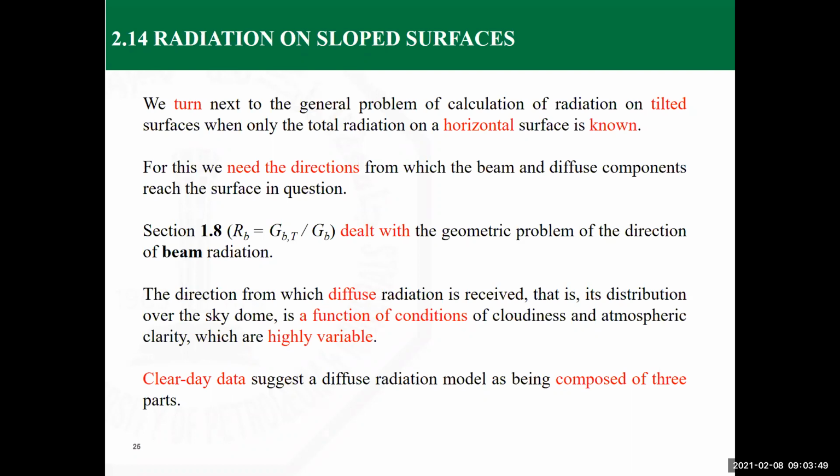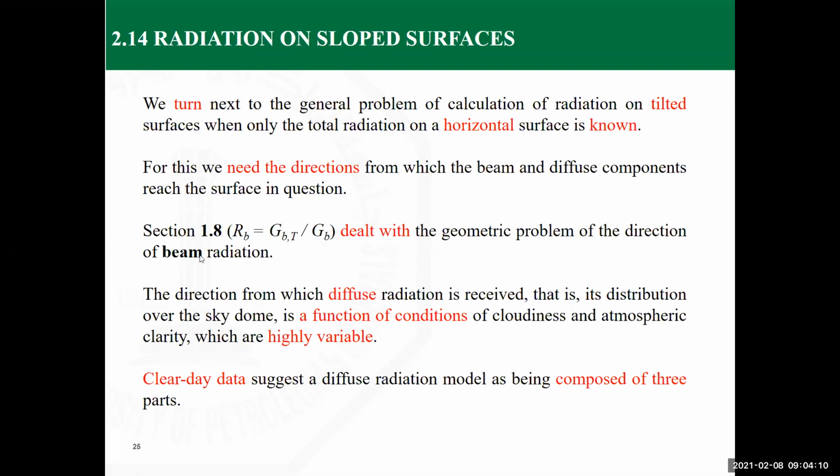So section 1.8, which is basically one part of chapter 1, we used to calculate this component, RB, which is the irradiance falling on the tilted surface relative to the horizontal surface. But what we calculated was basically the component of the beam radiation.